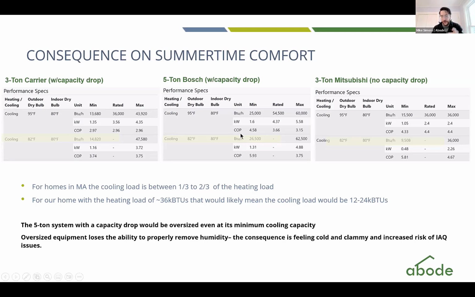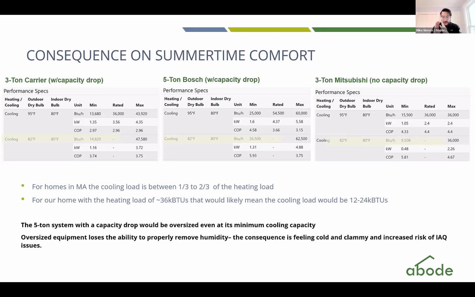And what this will feel like for the homeowner is it'll feel cold and clammy on most summer days where there's just a mild or moderate cooling load. With the right size equipment, it's going to be much more in line with having every chance in the world of removing both the heat as well as the humidity inside of the room or inside of this zone.